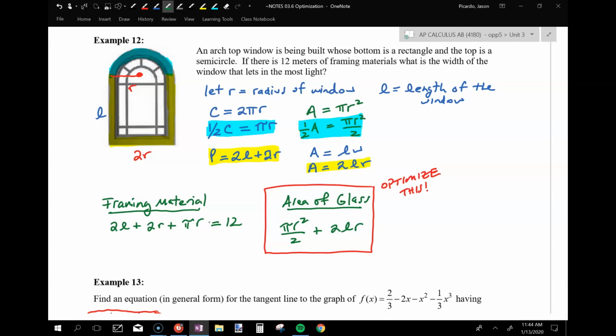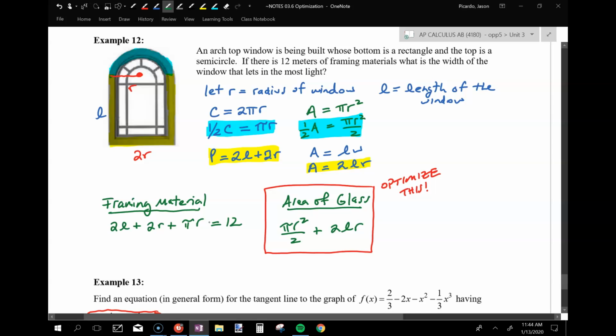So Lexi, it's this, this, this, and then that piece, right? So it's these things. And then the total area of the glass is the pi r squared divided by 2 plus the 2LR. Now this isn't too bad, guys, because I have how many variables?